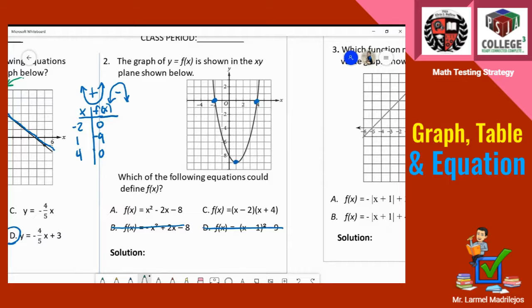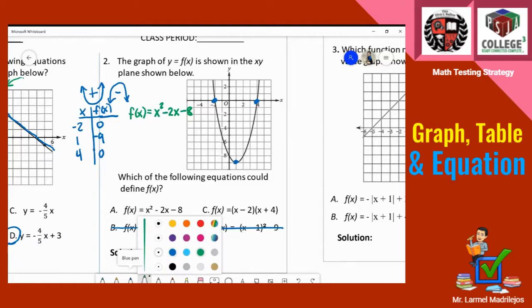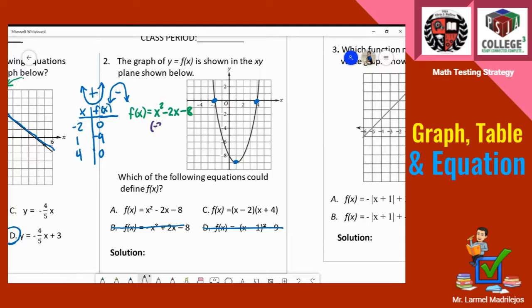I'm going to start with letter A, which is f(x) = x² − 2x − 8. I'm going to substitute the values. When x is negative 2, this is (−2)² − 2(−2) − 8, and y is equal to 0.